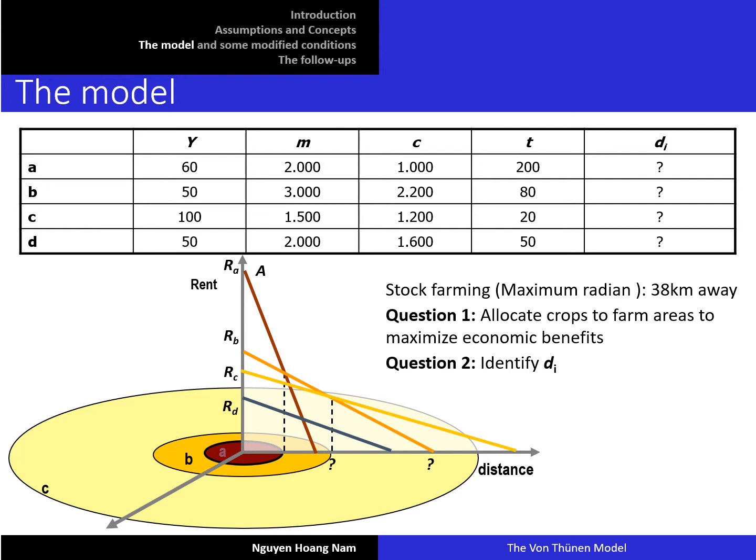Let's look at the graph. The brown line here is crop A, and we need to draw the line. It's too easy, I don't have to explain it to you again because it's a linear function of LR and D.